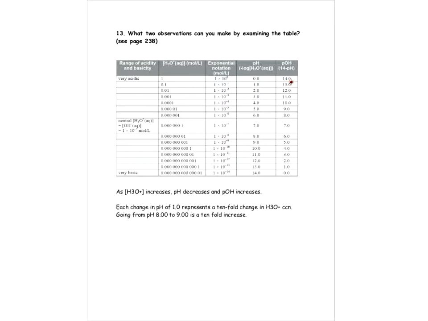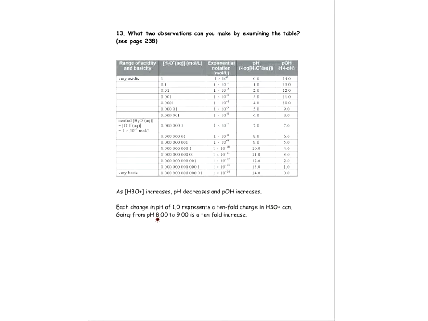And the other observation you can make from this table is that each pH change of 1 represents a 10-fold change in the concentration of H3O+. Okay? So you've got 10 times as much of that hydronium ion kicking around in the solution each time you have a change of pH.